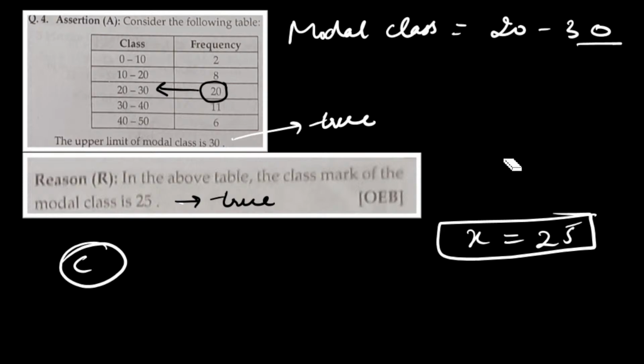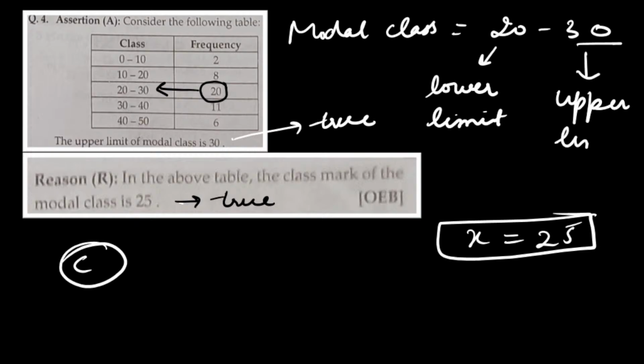See, lower limit is this one. The one which is written on the left side is lower limit, and the one which is written on the right side is the upper limit. So the statement says upper limit is 30. Upper limit is 20. How come I am not able to see?